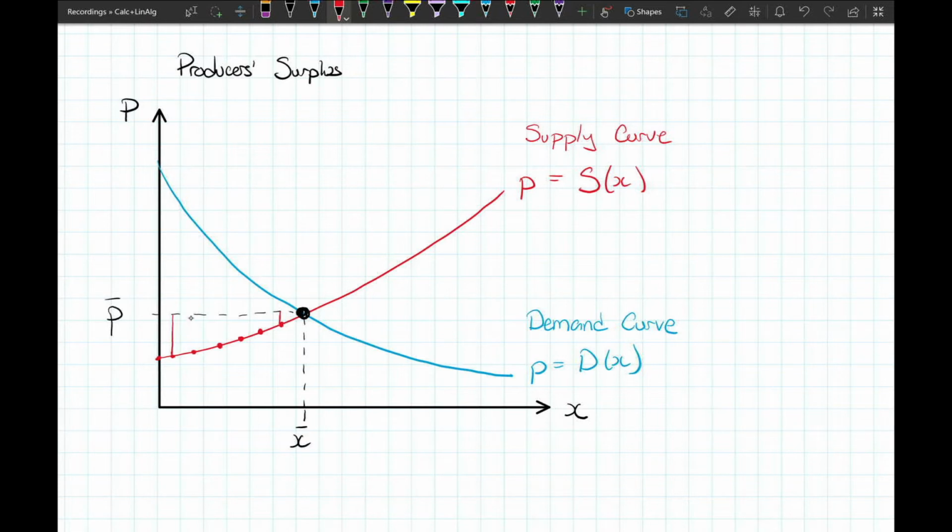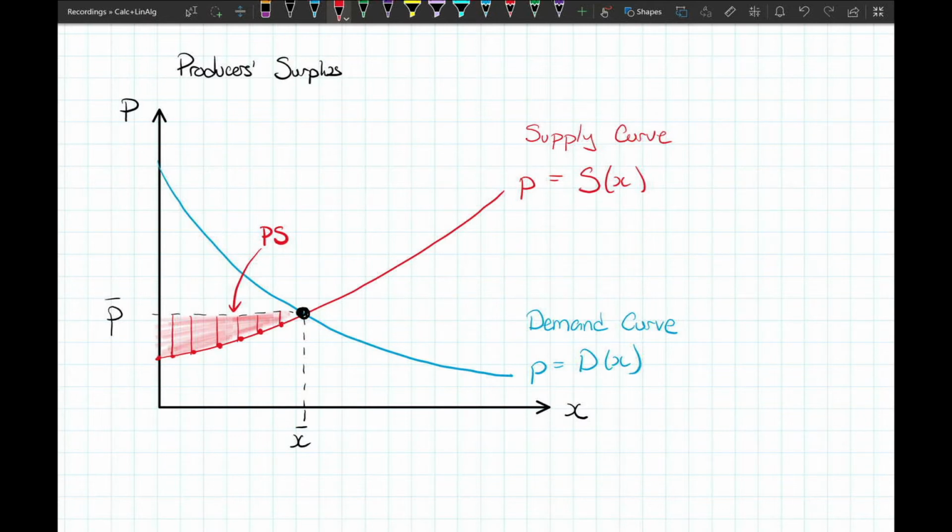And you can see that for each of these producers, they are getting some perceived gain. They are all feeling like they are getting a really good deal out of selling this product at that equilibrium price. If we were to add all of those perceived gains together, we would get the area of this particular region. And we refer to that region as the producer's surplus, or PS for short.